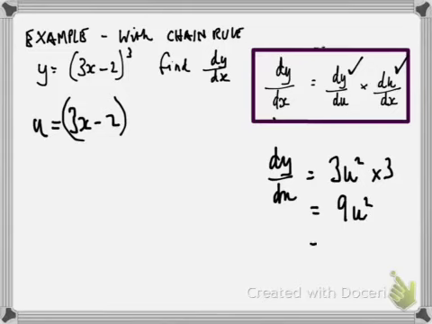So if we substitute that back in now, we get 9 outside of (3x minus 2) squared. And there's our answer to that question. It's 9(3x minus 2) squared.